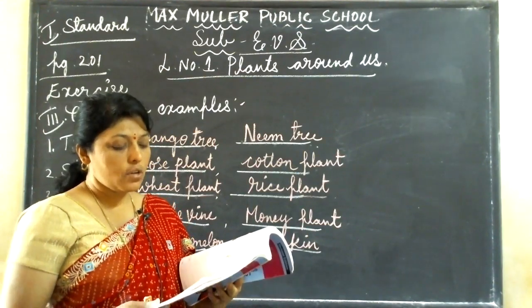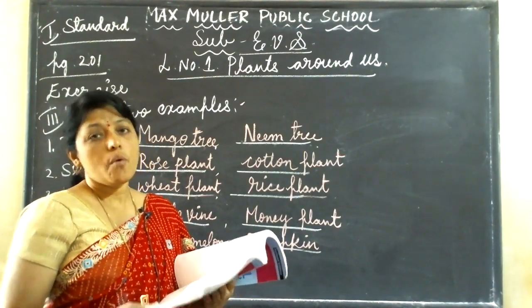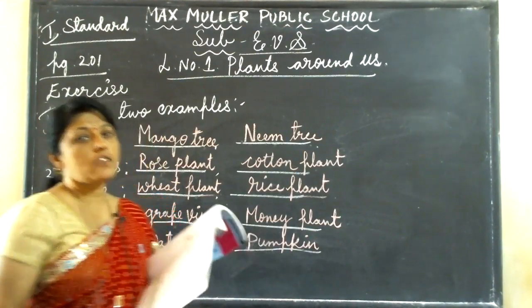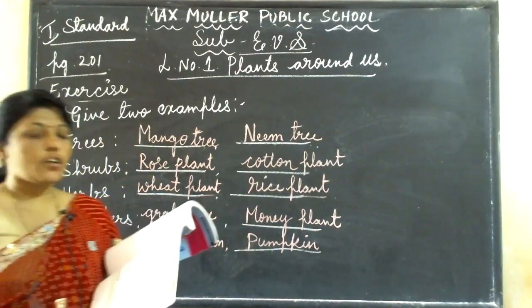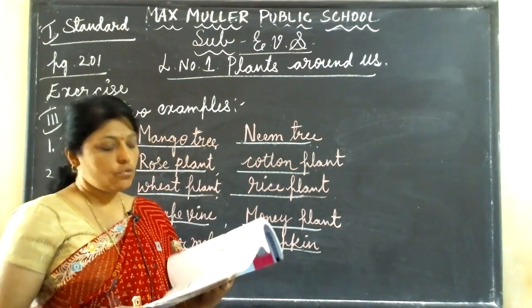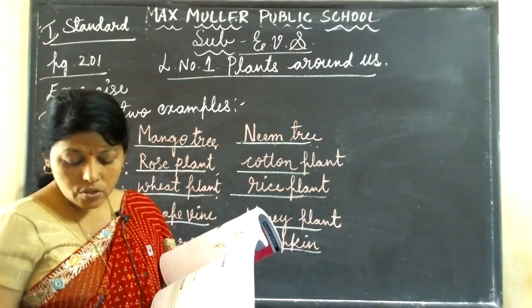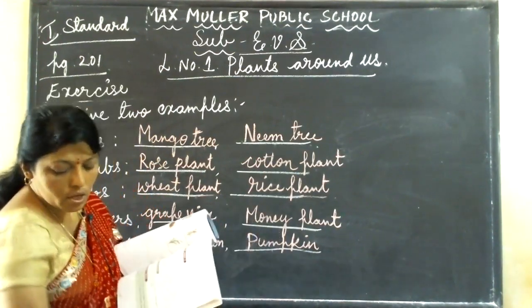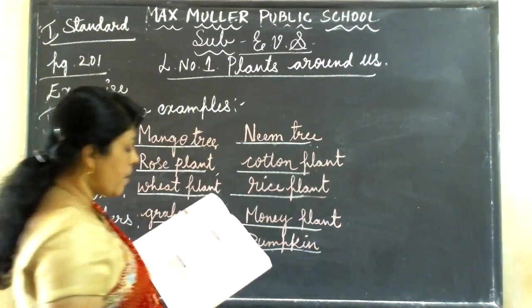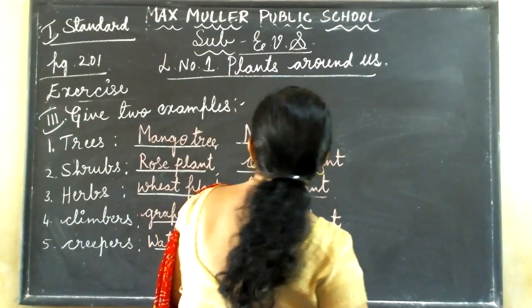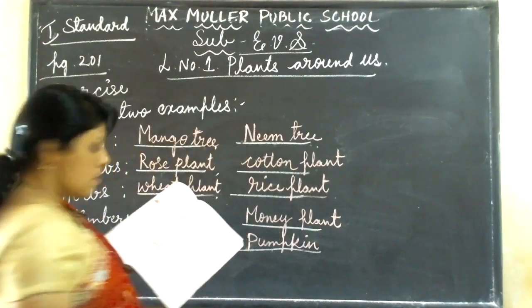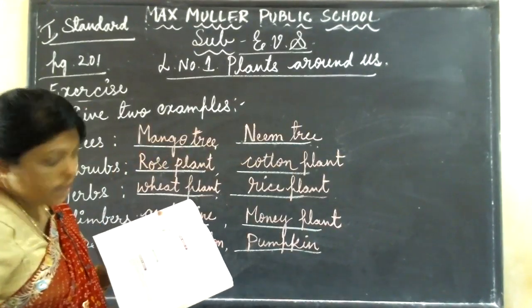What are all the things you will get from plants? You should write a few, not all. Few things you should write and their uses also, how you are using these. This is the homework, but I will write here and you learn.